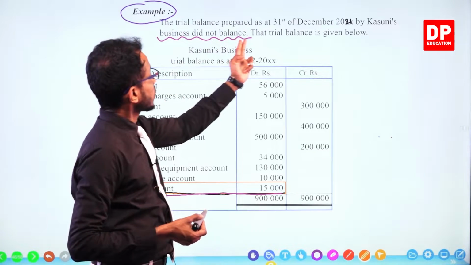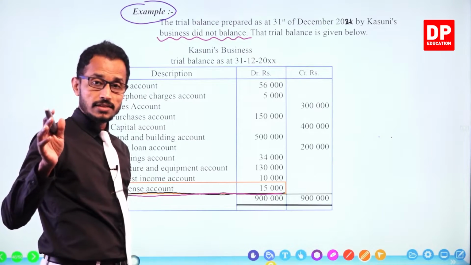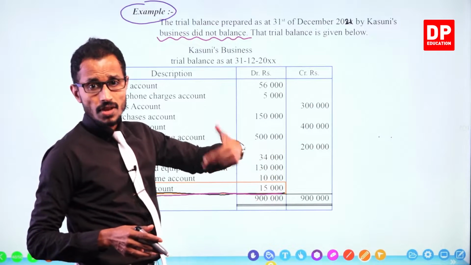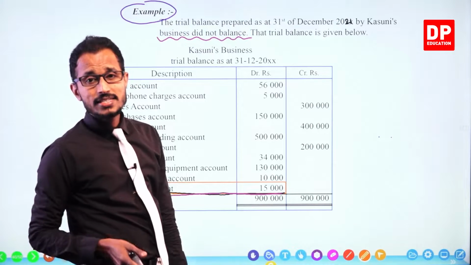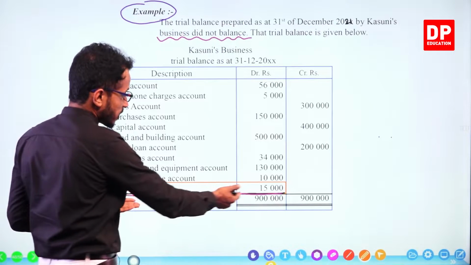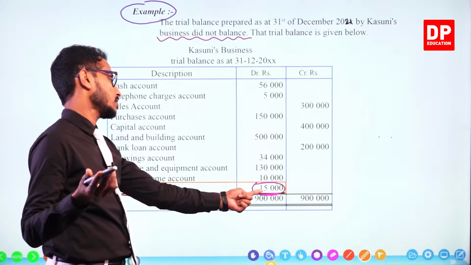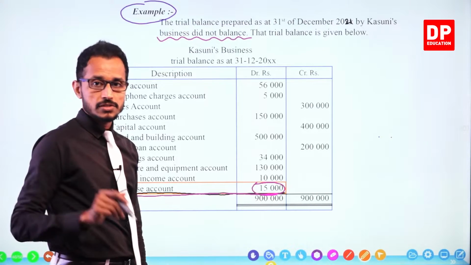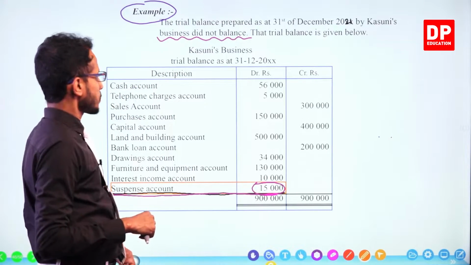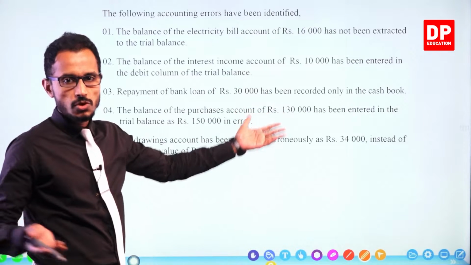So the trial balance is given here, and I'm very sure that after the trial balance, in the next page, there will be some errors given, because this suspense account, this 15,000 which has been transferred to the suspense account, has occurred due to some errors. Yeah, you understand up to that? Let's see the next page. There you go. That's what I was talking about.